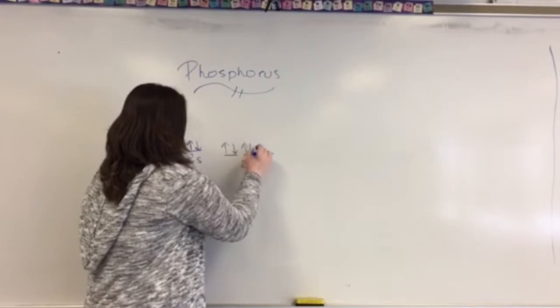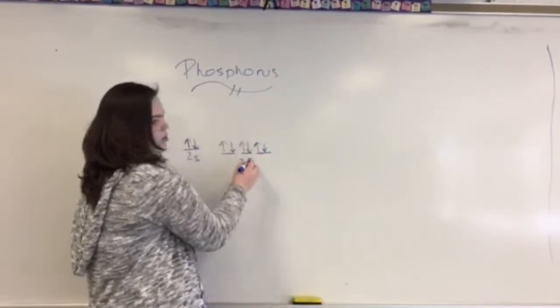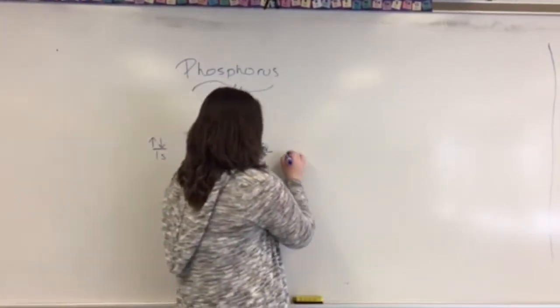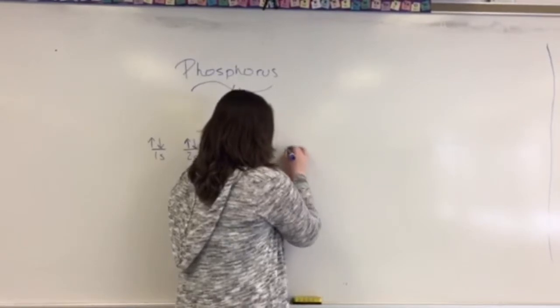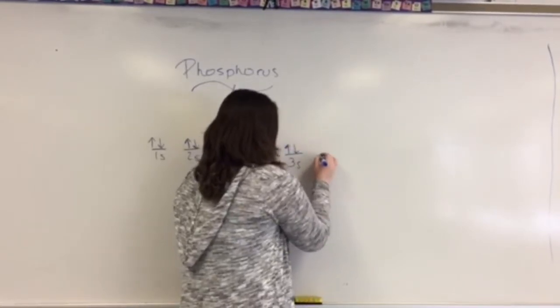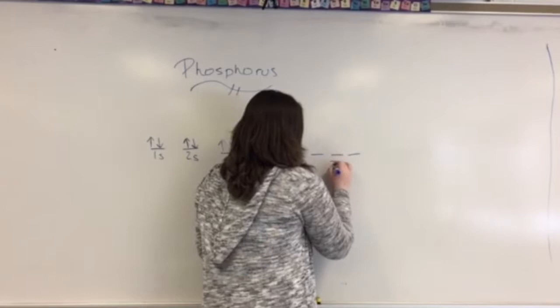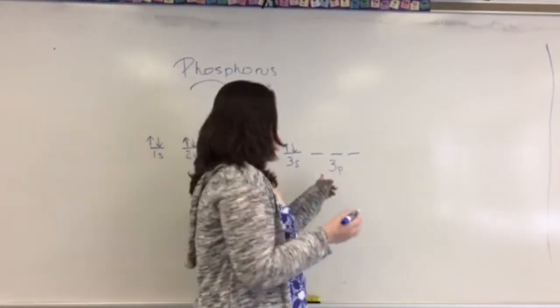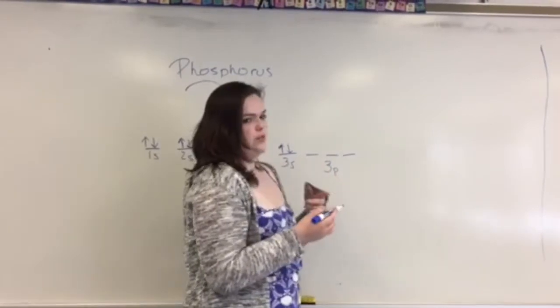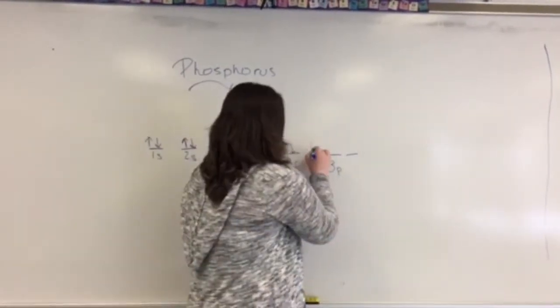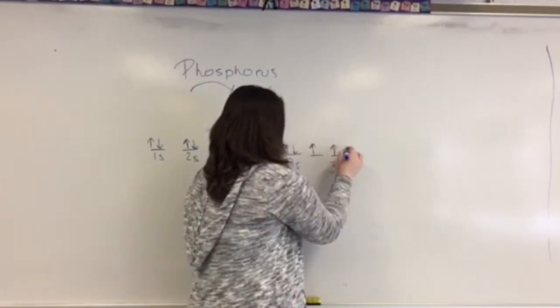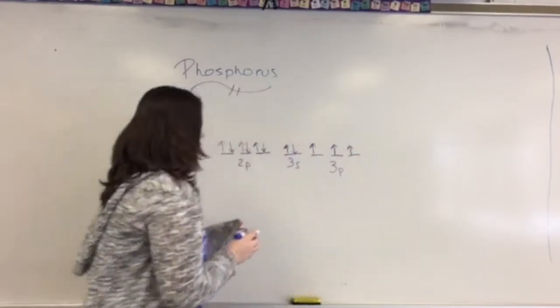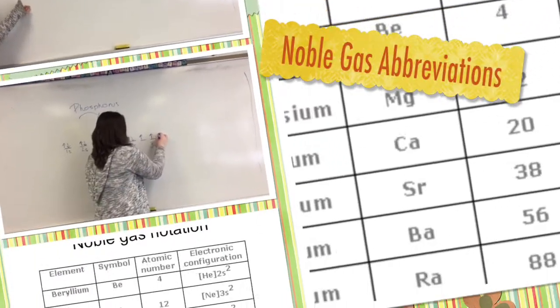So even though it's completely filled, you want to draw your up arrows first. And then we get to the 3p. And on the periodic table, phosphorus is only going to have 3 electrons because of where it's placed. So you're only going to have up arrows in this situation. And that would be the orbital diagram for phosphorus.